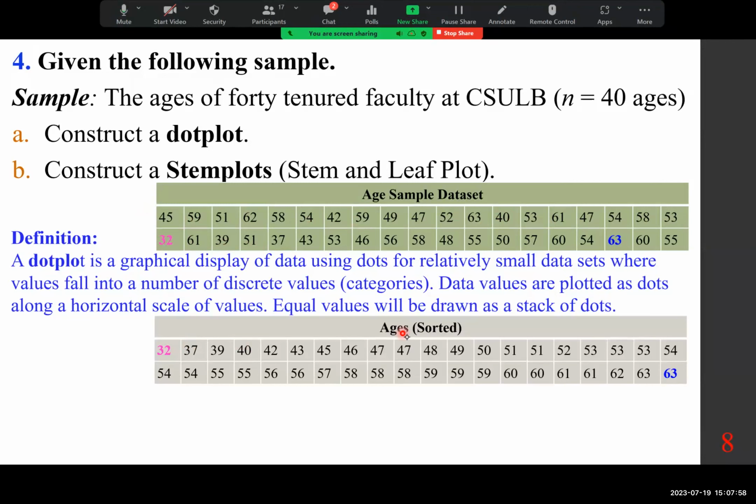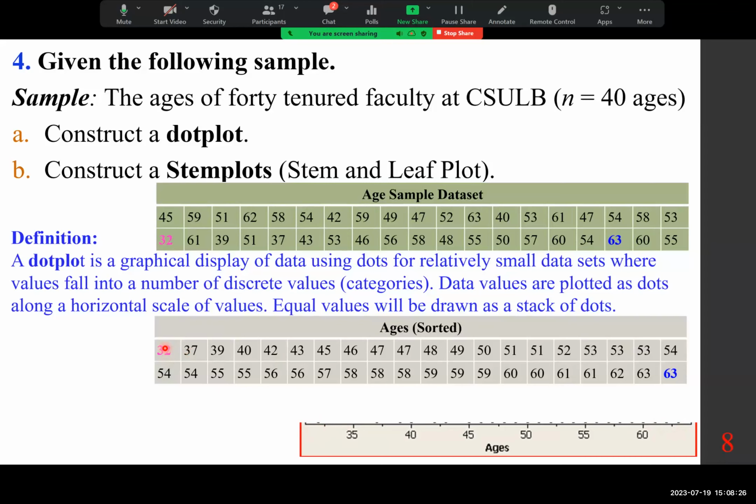Now we are going to have a horizontal line. You can think of it as a number line, x-axis, whatever you want to call that. We are going to put the numbers from 32 to 63 along the horizontal line. And then we start putting the dots.